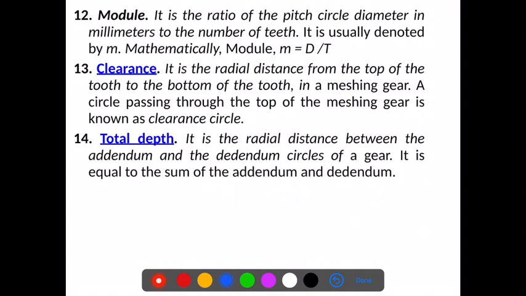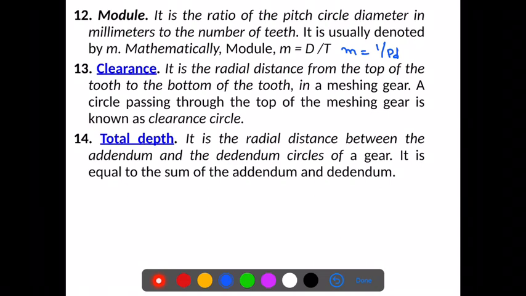The next important term which we are going to see is the module. It is a ratio of the pitch circle diameter in millimeter to the number of teeth. It is usually denoted by m, or mathematically module m is equal to d by t, or we can again say module m is equal to 1 by PD, because PD is T by d, right?